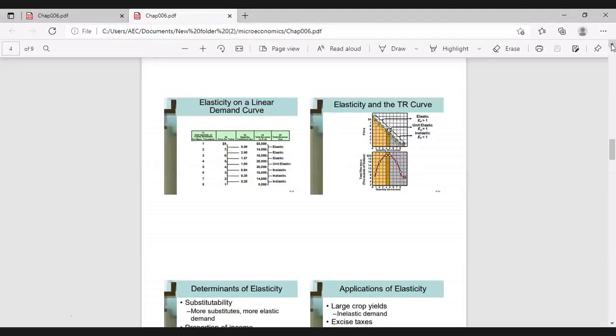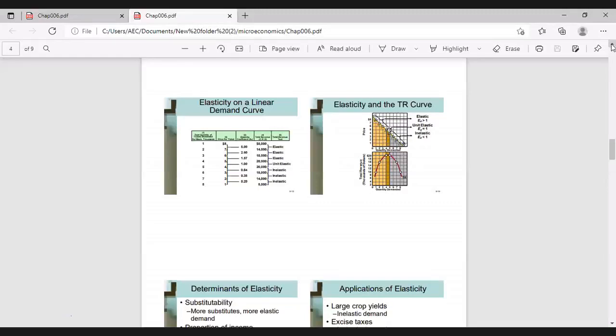Now we will see that even within a single product, the same product, at the higher price the demand elasticity is different from the elasticity at the lower price. So consumers' responsiveness changes with the product price.